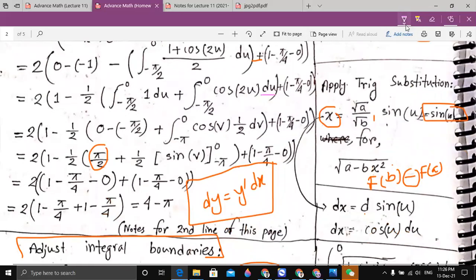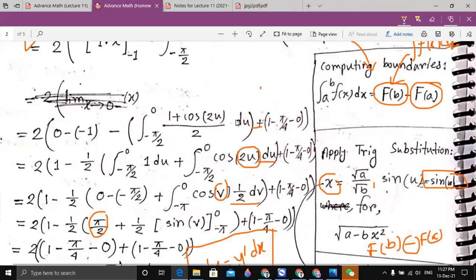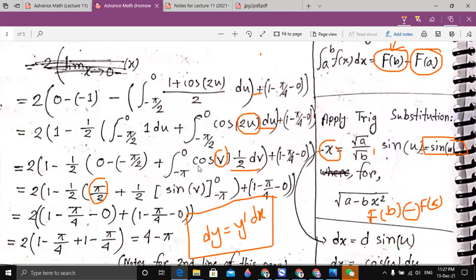For du, we write down 1 by 2 dv, and we have already substituted 2u, right? So 2u is v. Guys, remember? So ultimately it is cos v times 1 by 2 dv.